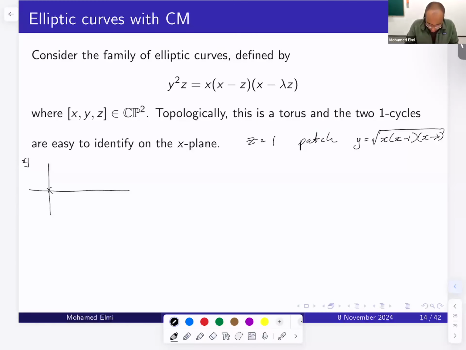And you want to try and understand this space of solutions. This y has a square root, so it's multi-valued. So really, your elliptic curve will be two copies of the complex plane, or the P1, glued along branch cuts.